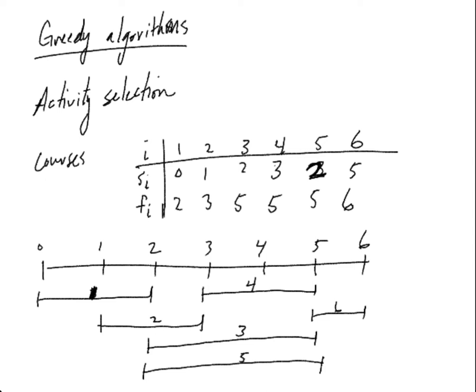Now, our goal, our task, is to find the maximum number of courses that we can schedule into this lecture hall. And looking at it, we think, okay, well, probably course 1, 4, and 6, and we won't have any overlap. But we need an algorithm to be able to do that.